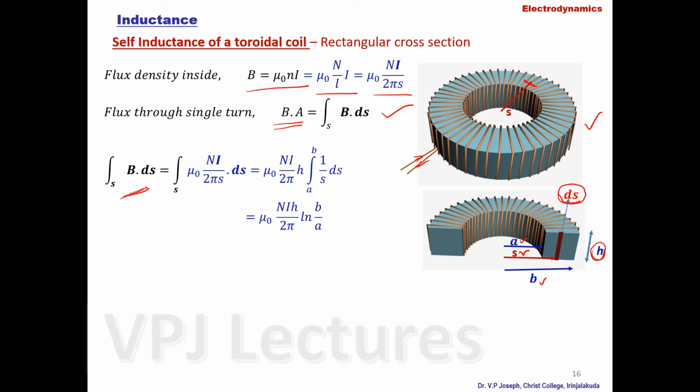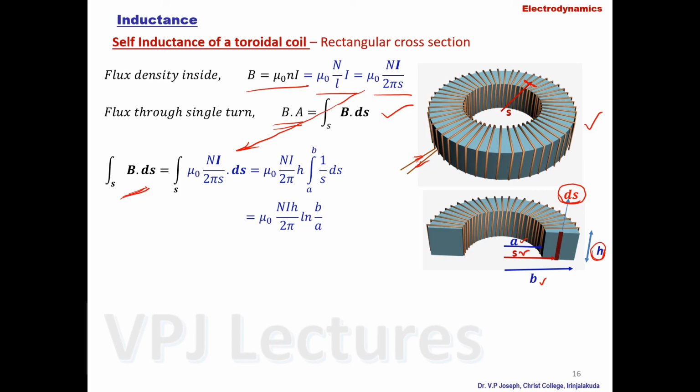So surface integral B dot ds is equal to surface integral, in place of B I am substituting this expression, that is mu 0 ni divided by 2 pi s, dot ds. Here mu 0 ni by 2 pi is taken outside, and h also is taken outside, because surface integral means a double integral. Actually, it is from 0 to h and a to b, double integral.